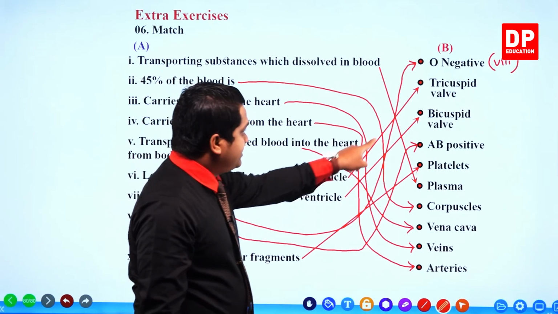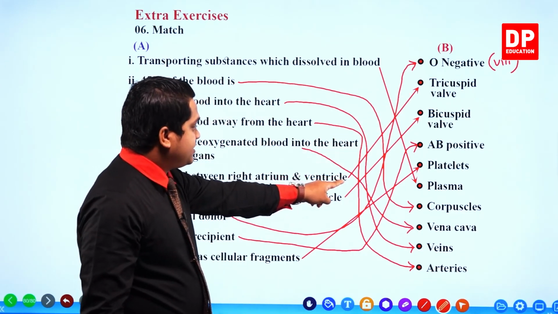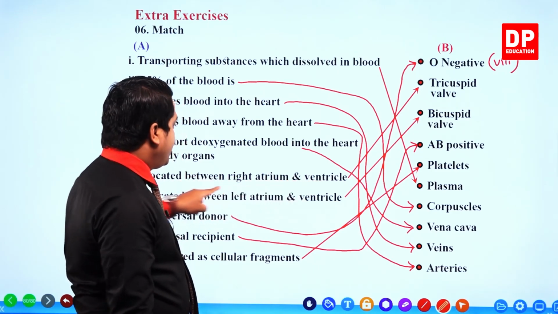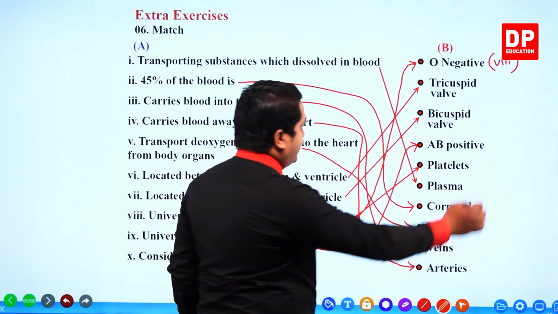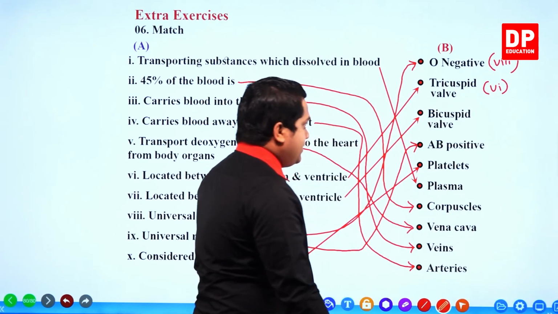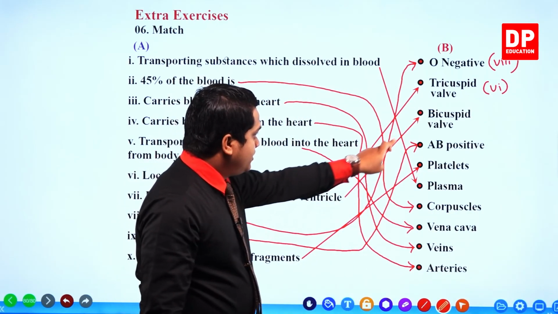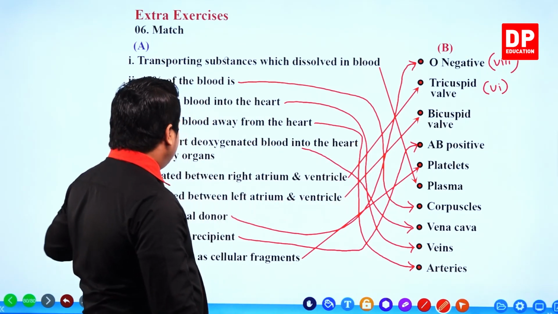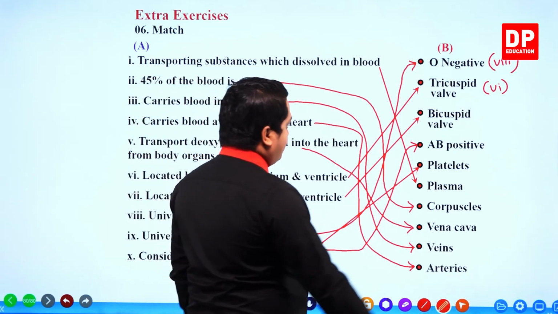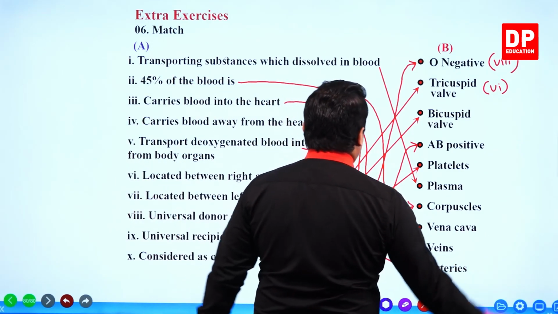Tricuspid valve is the valve located between right atrium and right ventricle. So number 6 is the correct one. Bicuspid valve, located between left atrium and ventricle, which is number 7.